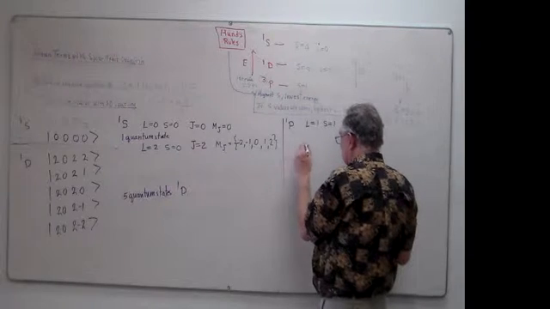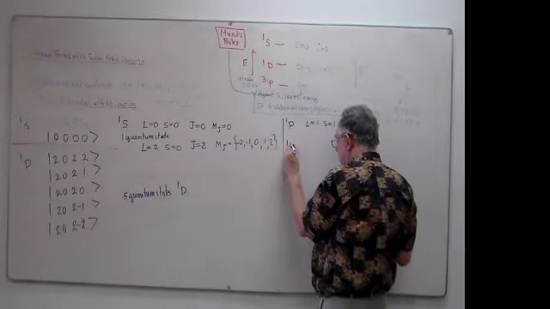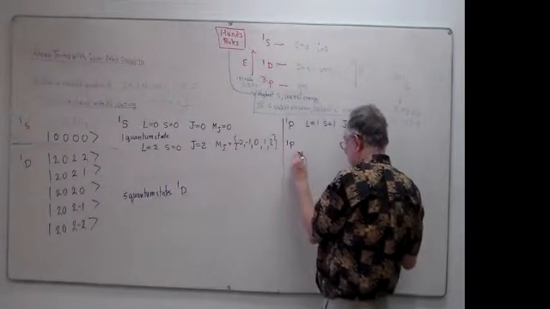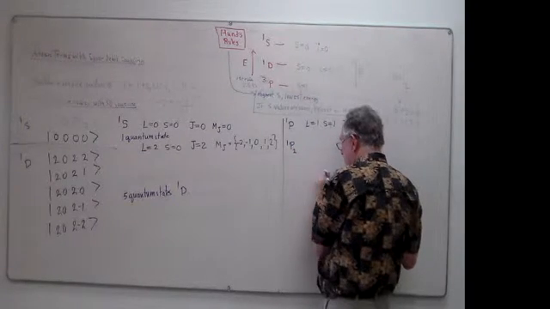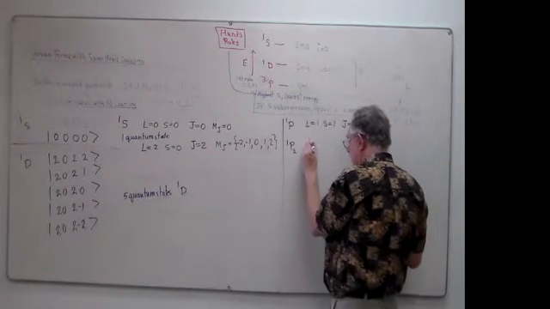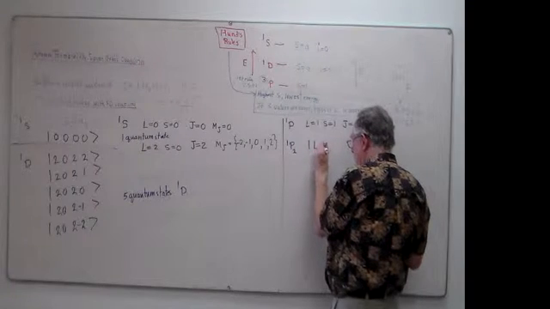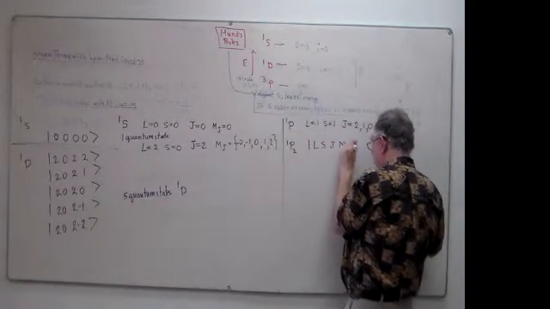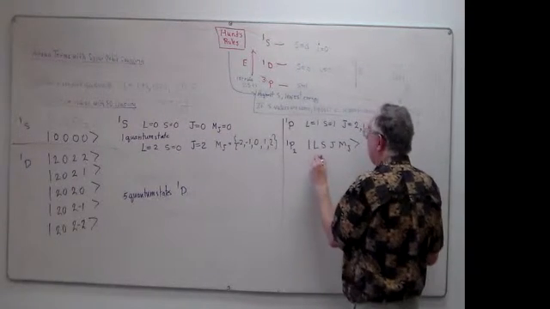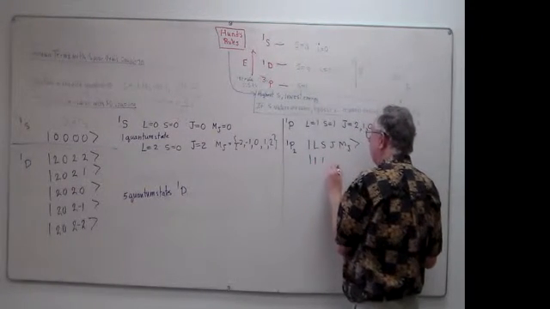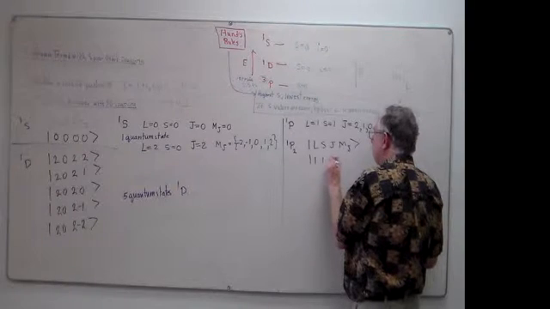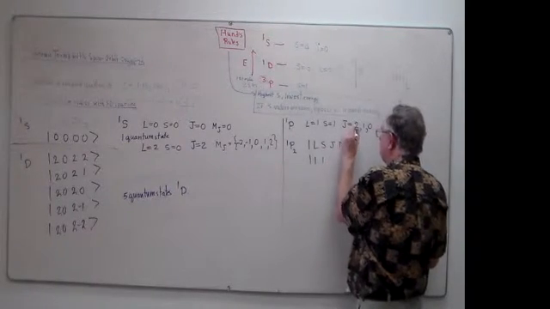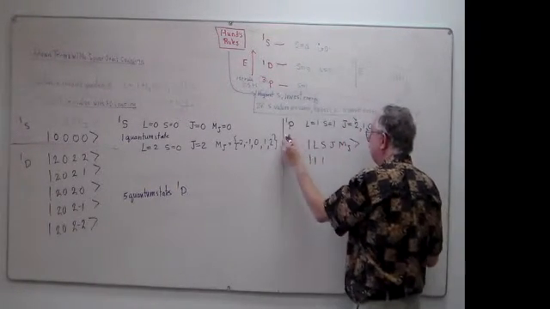Okay? So here, let's do P. It'll be of the form L, S, J, M sub J. So L equals 1, S equals 1, J equals, so I'm going to choose the 2 first.